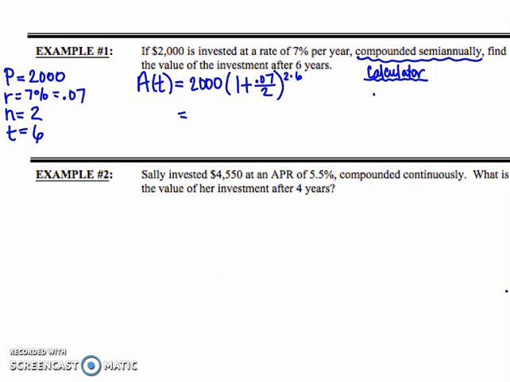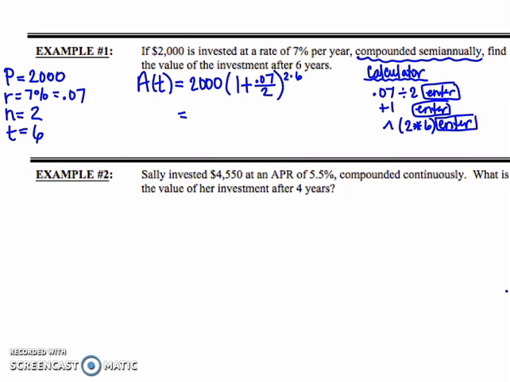So the first thing that I would do is I would say 0.07 divided by 2, and then I would hit enter. Leaving that number on your screen, hit +1, and then hit enter. Leaving that number on your screen, you do your caret, and then it's going to be 2 times 6, which in this case, obviously we can do in our heads. It's going to be caret 12, but sometimes those numbers aren't as nice.